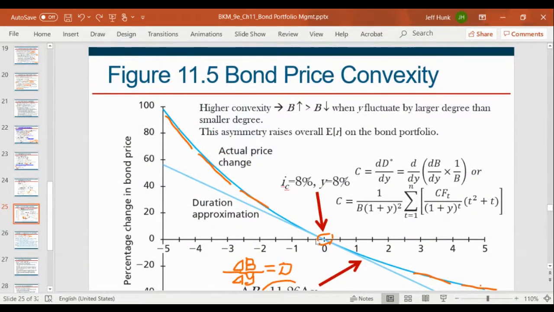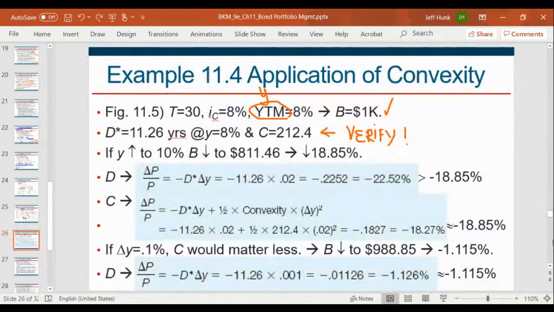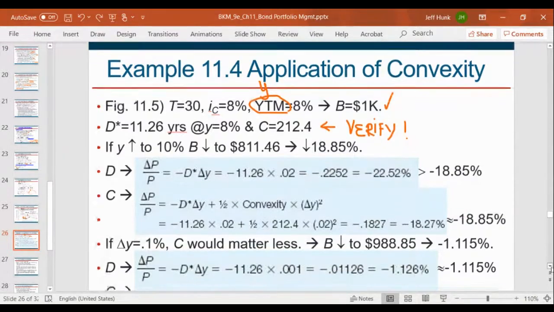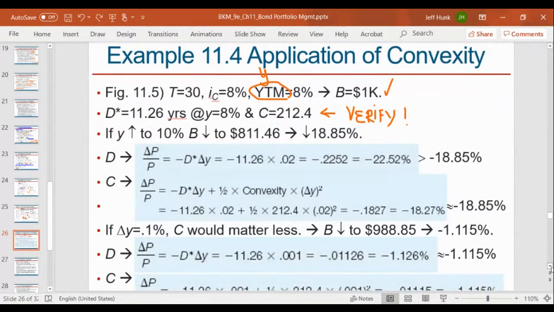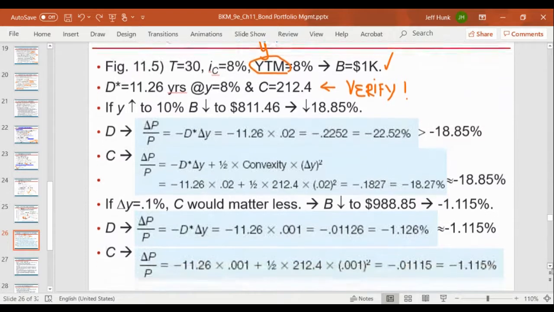A 0.1% change would be somewhere here, and for a very small change, linearity, a straight line, can sufficiently accurately capture the change in the price.